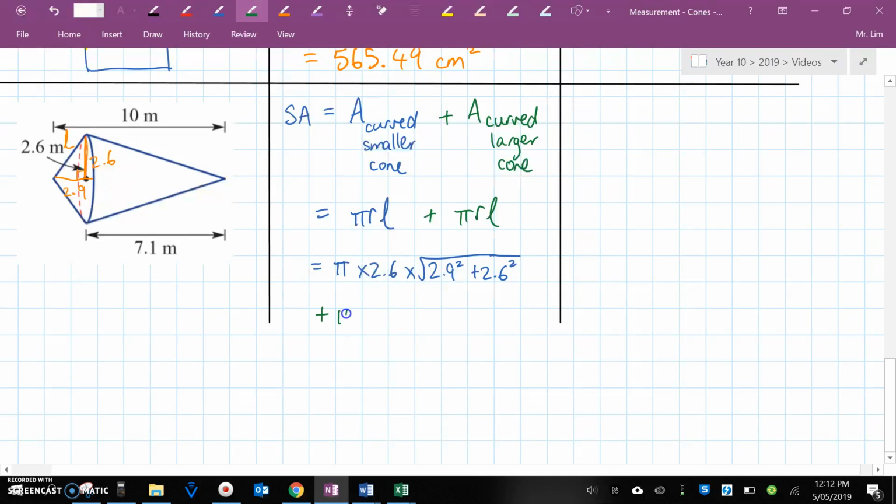Plus pi times 2.6 times, this time we need to go the other way. We know that's 7.1, we know that's 2.6.